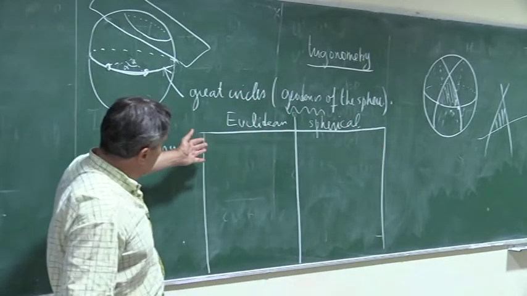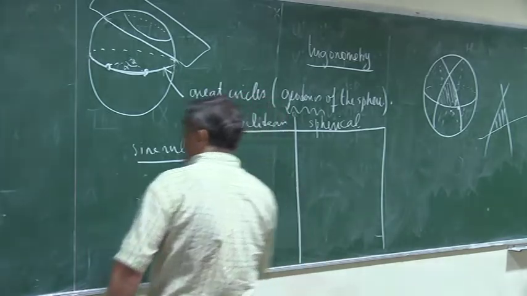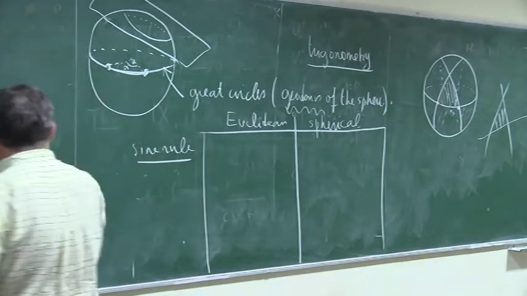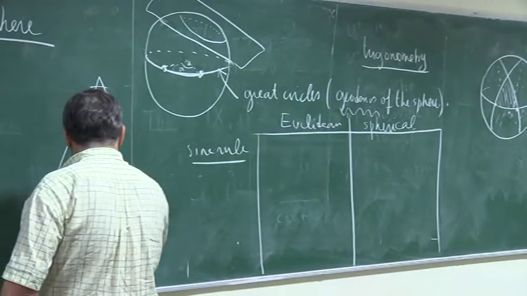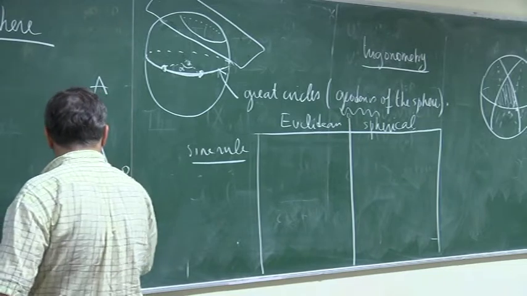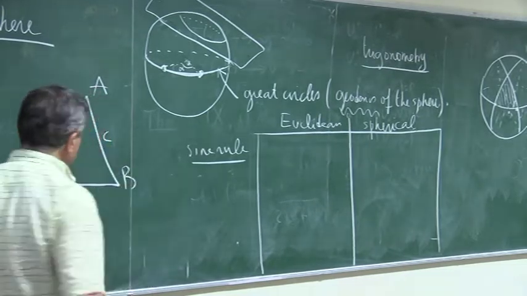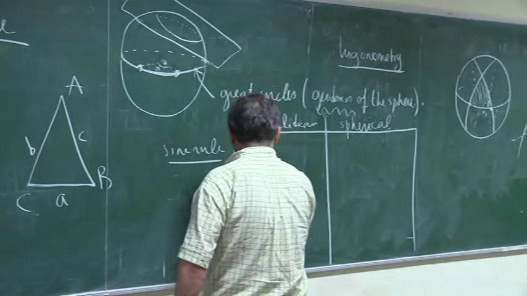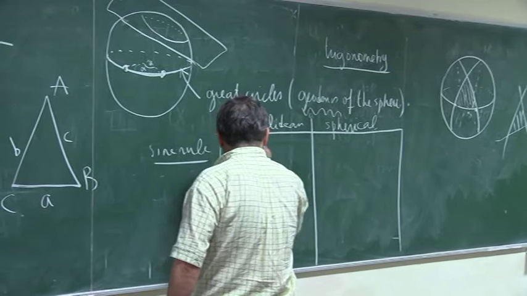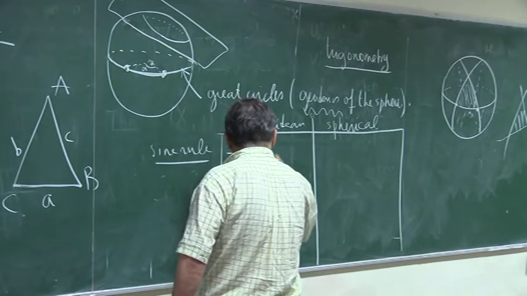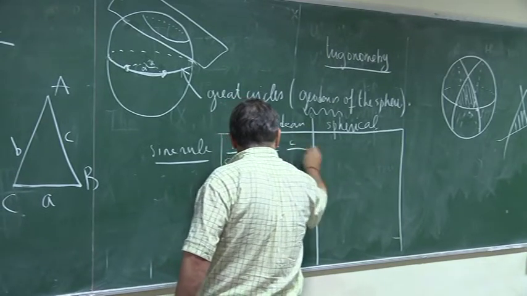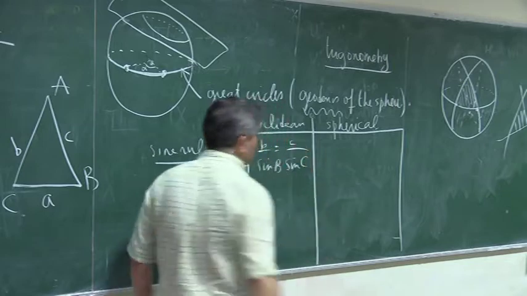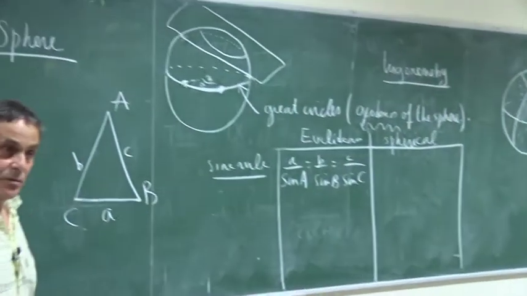So the Euclidean sine rule: I have a triangle here, A, B, C, and then with the side lengths a, b, c. The Euclidean sine rule tells you that a over sine A equals b over sine B equals c over sine C. This is the Euclidean sine rule.